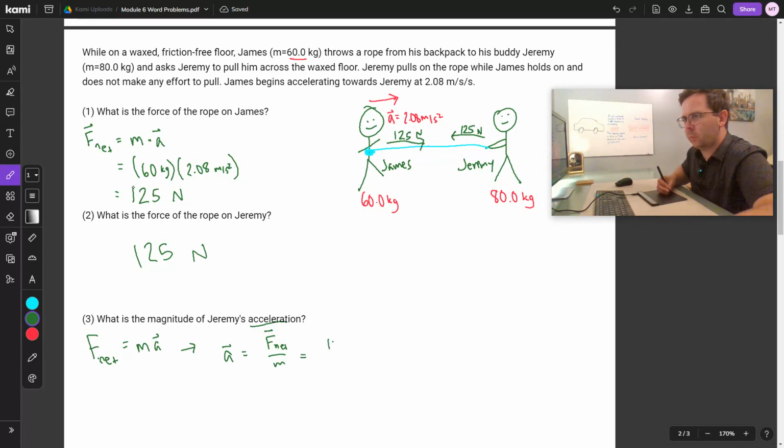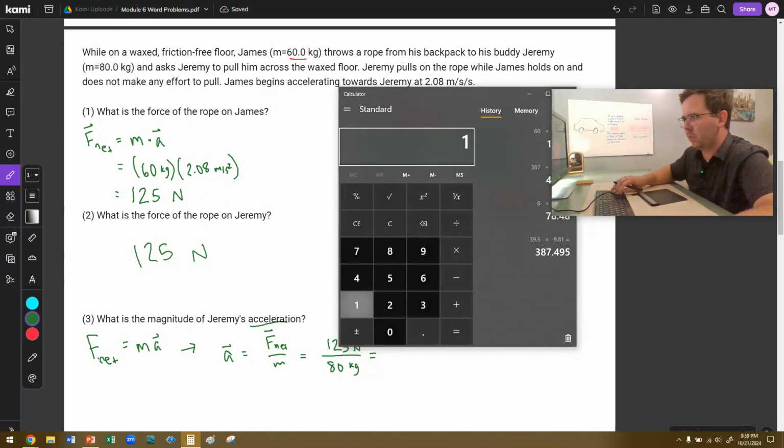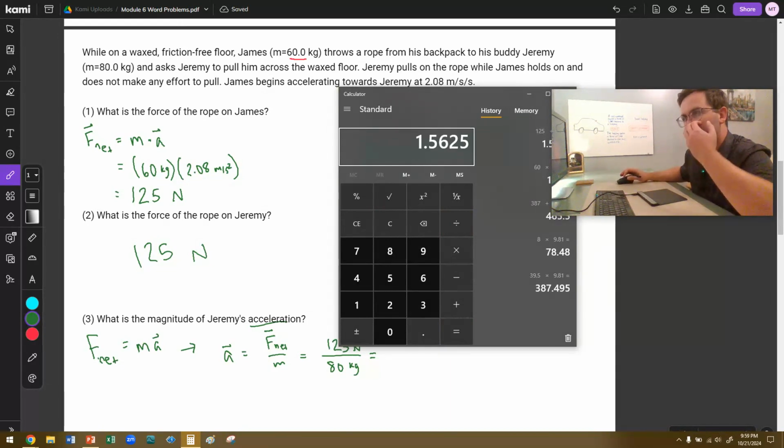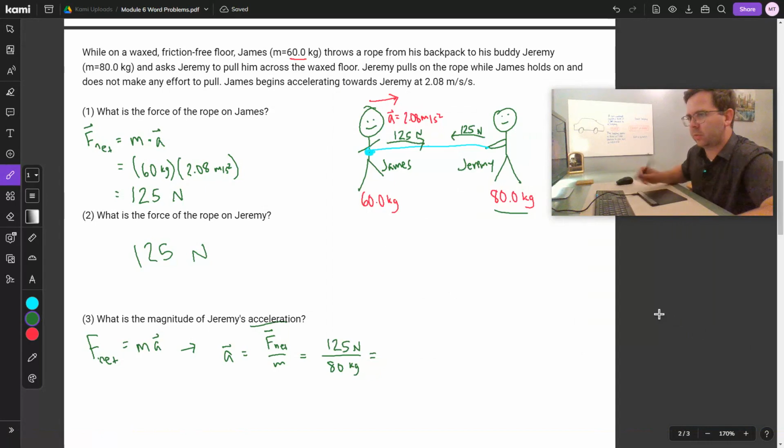So in this case, the net force is 125 newtons on Jeremy this time, and Jeremy's mass is 80 kilograms. So he's not going to accelerate as much because he's more massive. Let's calculate how much acceleration he'll have. So 125 divided by 80. He has an acceleration of 1.56 meters per second squared.